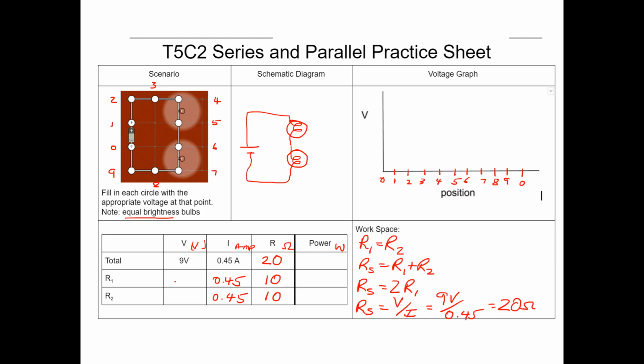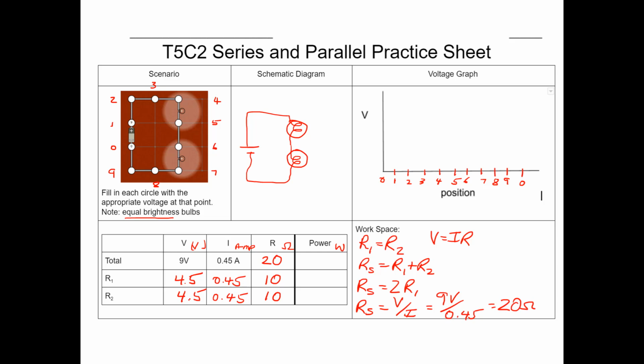With that, it looks like I can figure out some voltages. V equals IR in all cases. My current is 0.45 amps times 10 ohms, that's 4.5 and 4.5.